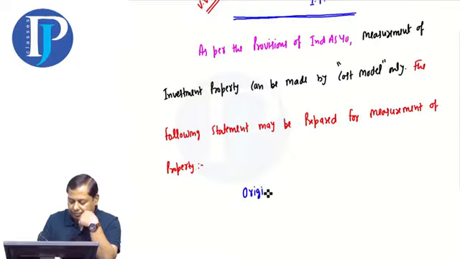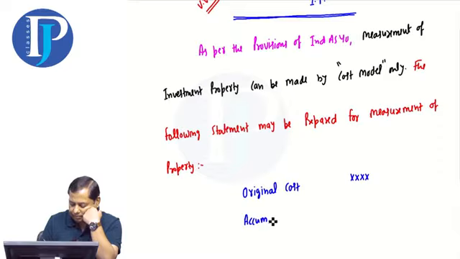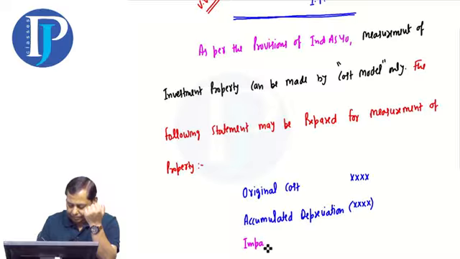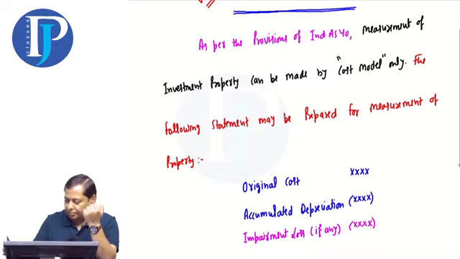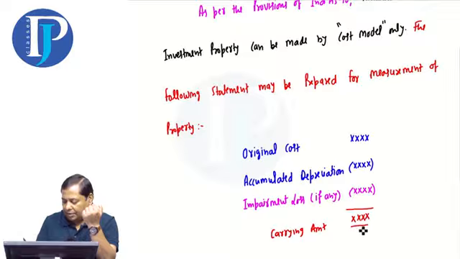Then write, we will write in this first original cost, then we will subtract from it accumulated depreciation, and then we will subtract from it impairment loss, if any, carrying amount, and we will show this amount on the balance sheet.